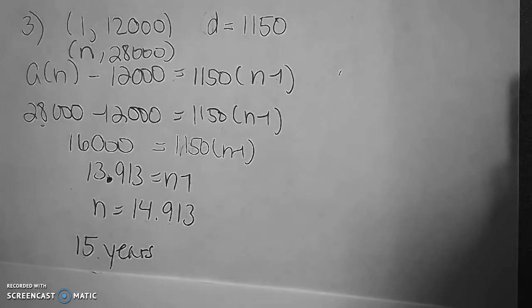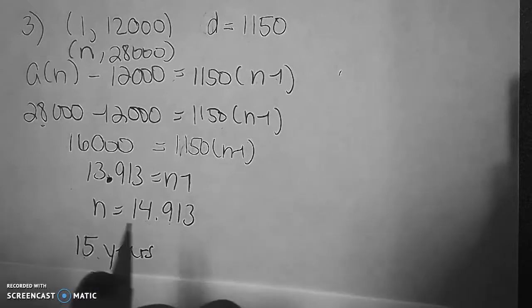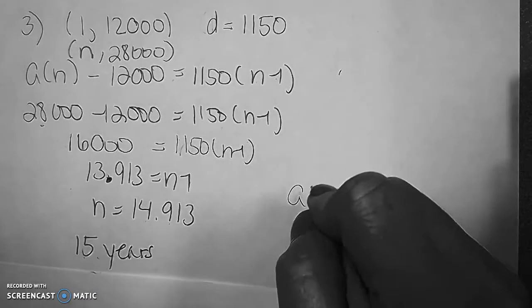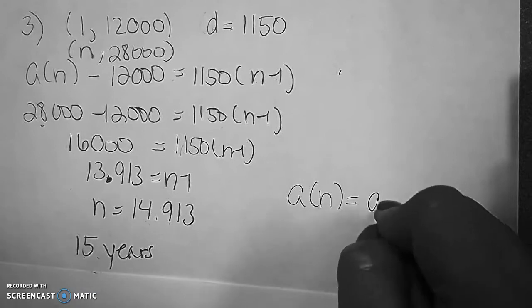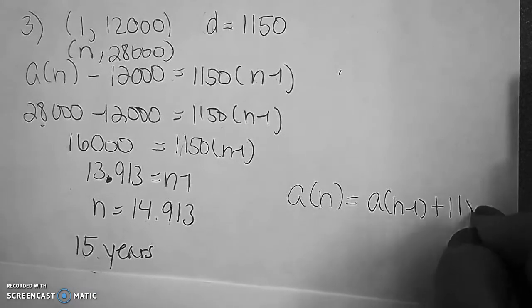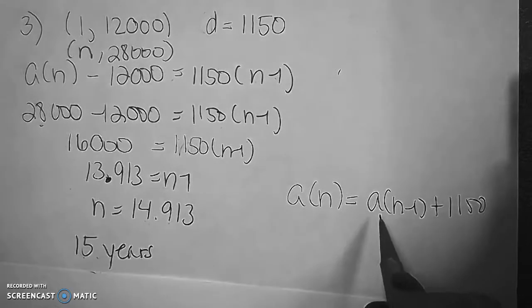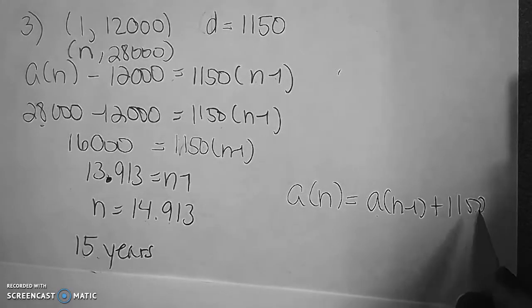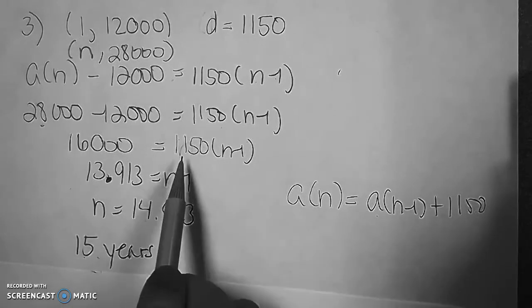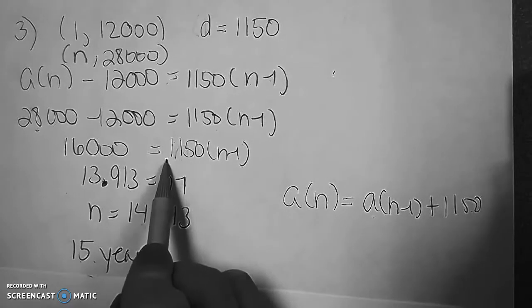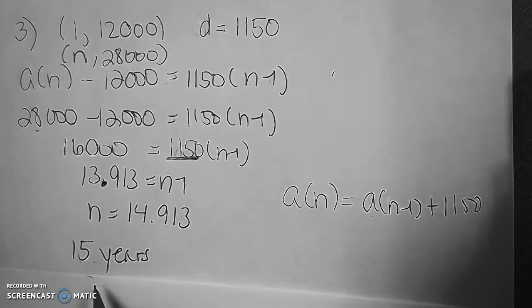I had another question. Can you use the recursive formula? Sure, you certainly can. You can take 12,000 and add 1,150, and then take that amount and add 1,150. You certainly can do that. And then someone asked on the recursive formula, you add, so why do you multiply here? Well, here's what you have to remember. This is really rate of change.